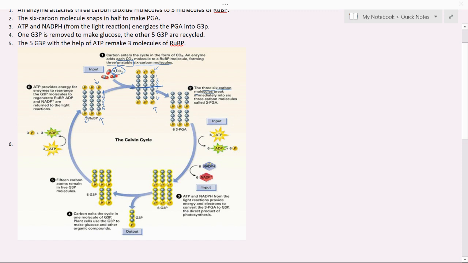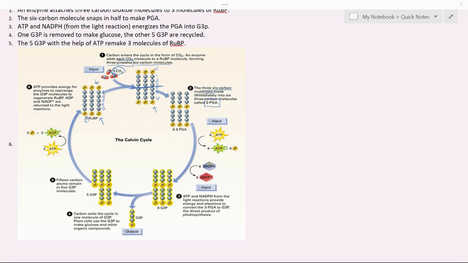But we've broken these unstable molecules to form some more stable compounds instead. This more stable compound is called PGA, or 3-phosphoglycerate, and it is going to go into the next step with us.